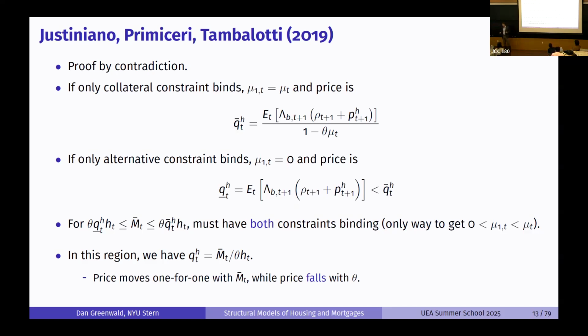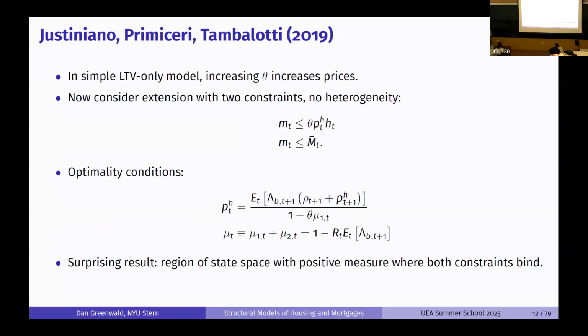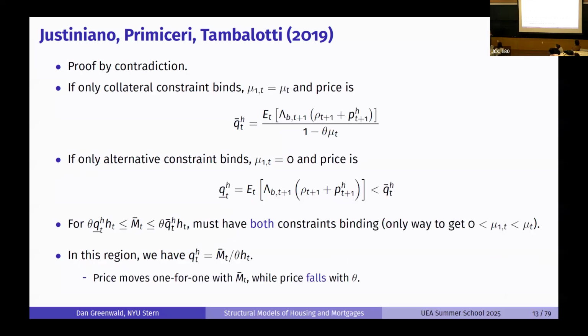Because what's the contradiction here? So imagine that you assume that only the collateral constraint binds, right? Well, if only the collateral constraint binds, that means this one has to be tighter than this one. So this term has to be smaller than M bar. But if only the collateral constraint binds, the price of housing is Q upper bar. And by assumption, if we plug in Q upper bar, that's bigger than M bar, not smaller.